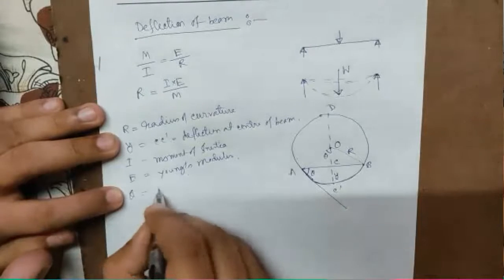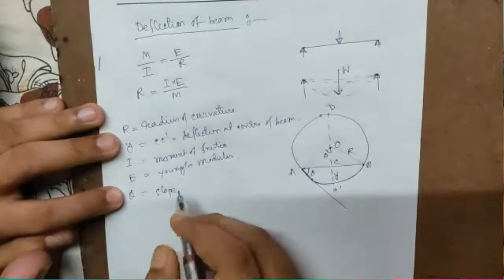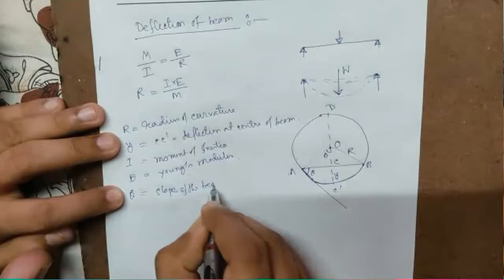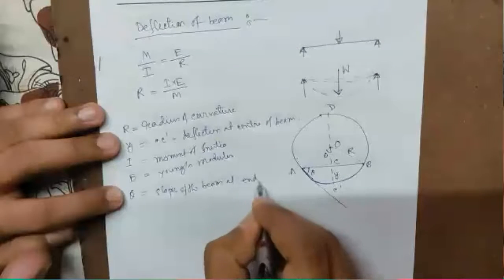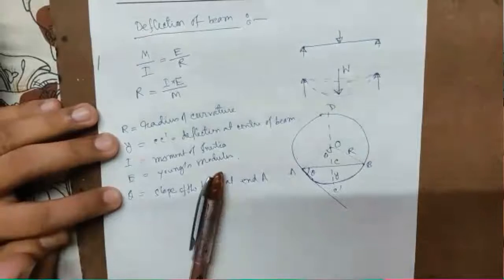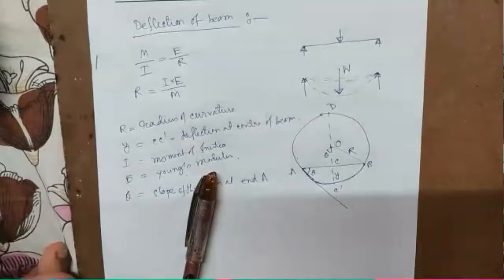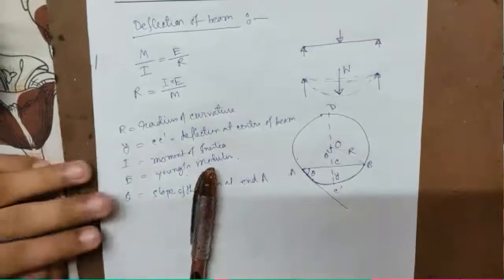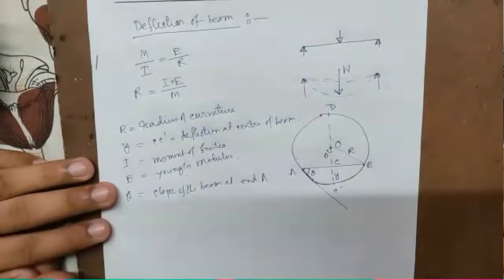So theta can be written as the slope of the beam at end A.